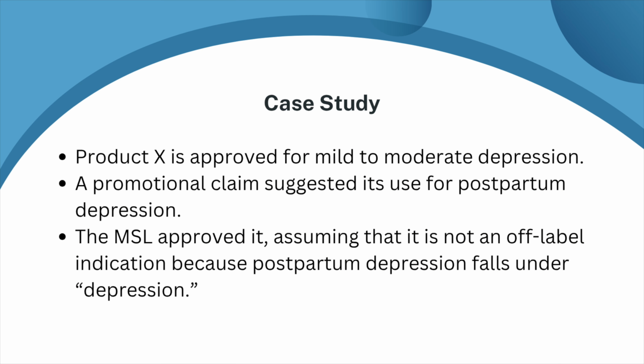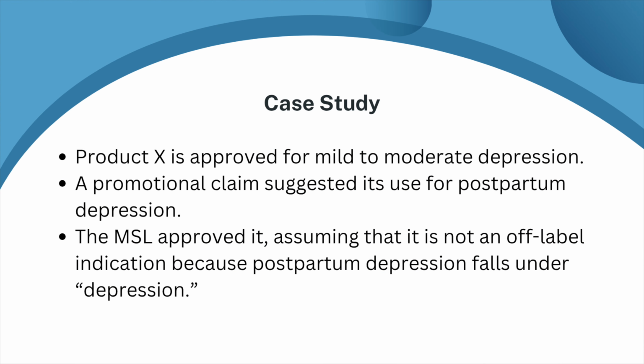Let me share with you a real-life situation to show you the challenge that we can face when deciding if the claim is or is not an off-label one. The scenario is that we have a drug that is approved for mild or moderate depression.